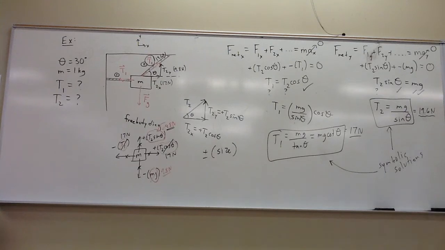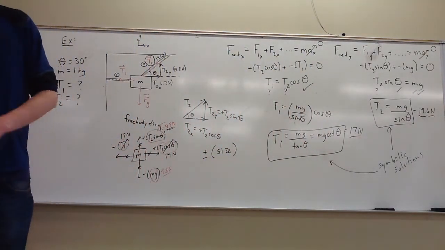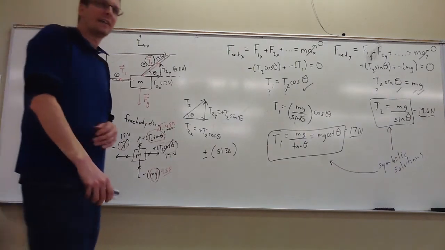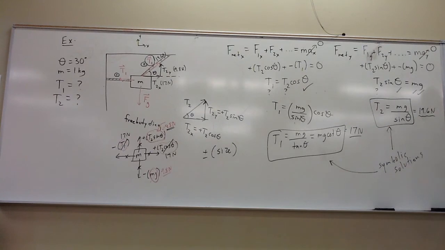You may not be used to the answers for a math problem being a bunch of letters, but they are better. Here's why. Those are the expressions that will give you the answer for this problem for any mass and any angle, not just a particular mass and angle. That's a much more powerful statement, right? So these will give you the answer for any variable values, not just these particular ones.